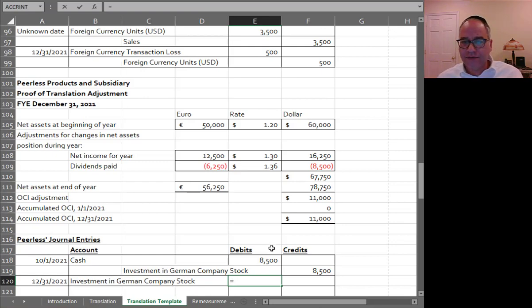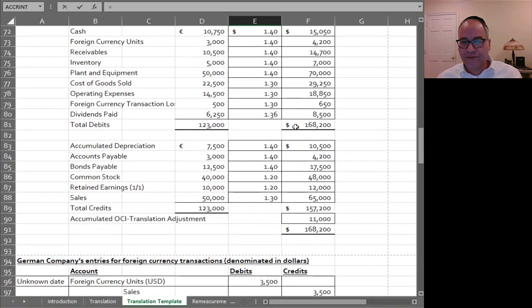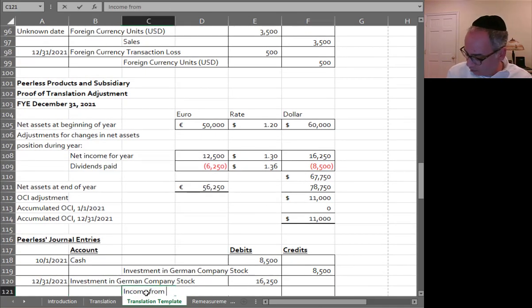And the total value of the income, you could just add up here, or you could take it from the calculation we did before: 65,000 minus 29,250 minus 18,850 minus 650 equals 16,250. And credit income from subsidiary, 16,250.